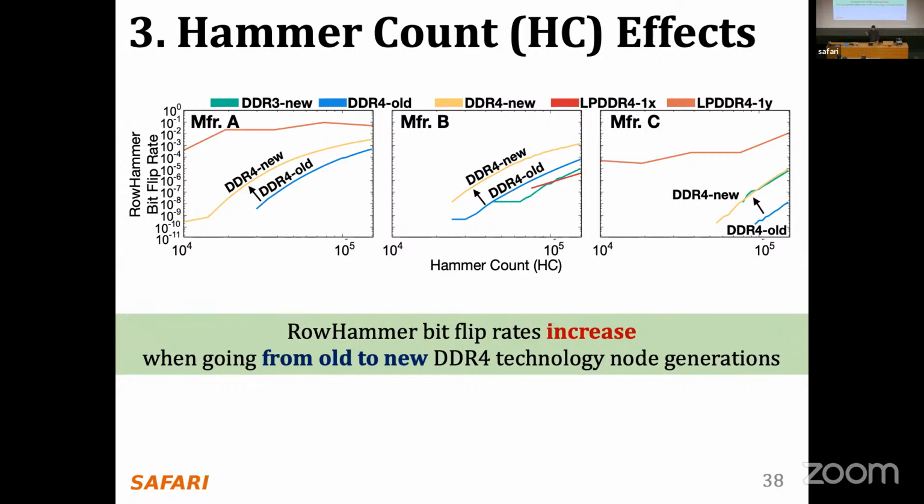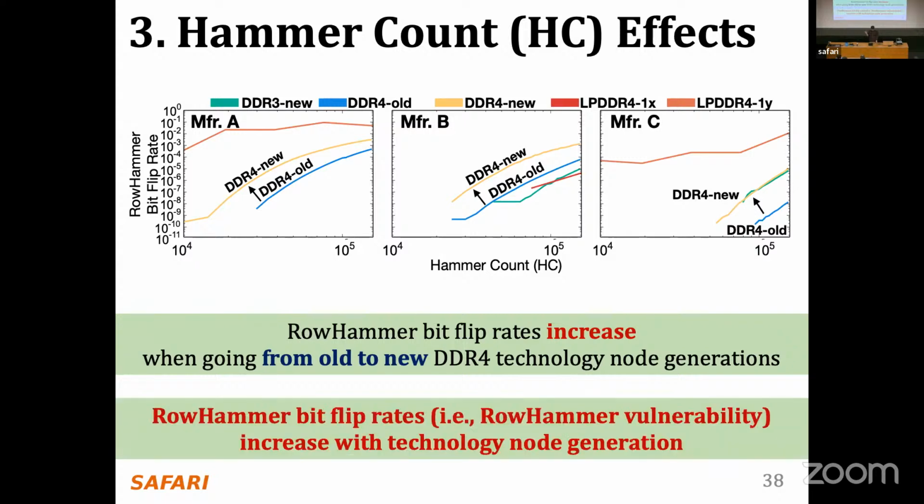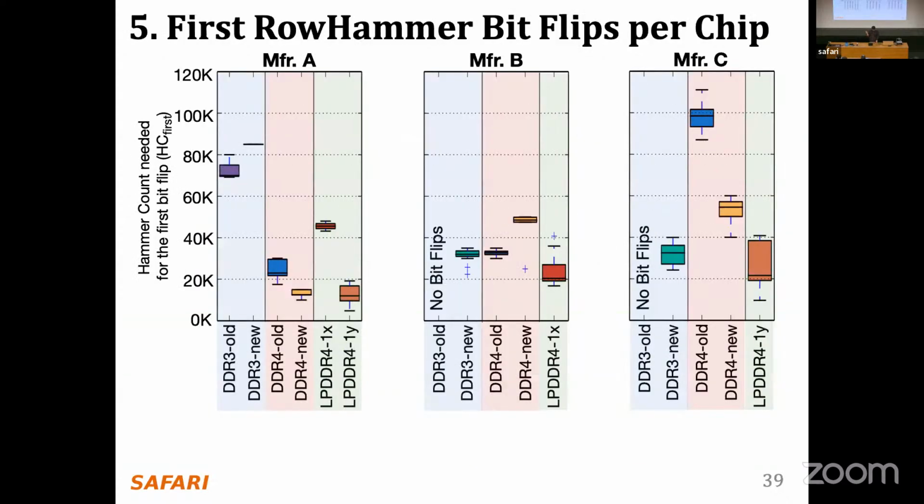This means it can have more bit flips even with a smaller number of hammers. So this shows that the RowHammer bit flip rate increases with the process node of DRAM.